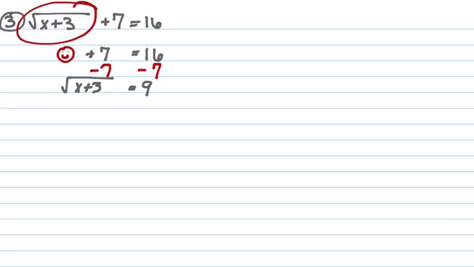We're back to like we were doing before. Square both sides. And when we square the left-hand side, that leaves us with the x plus 3 as the only thing there, equal to the 81. I subtract my 3. And I find out that x is equal to 78.